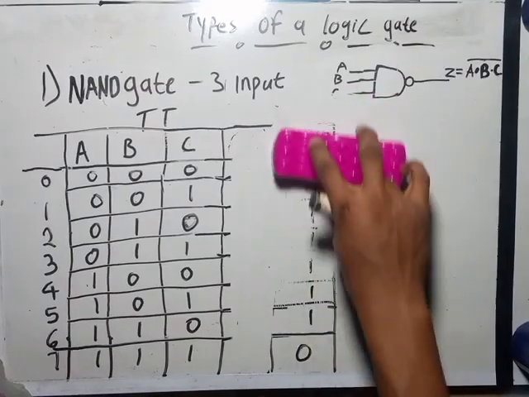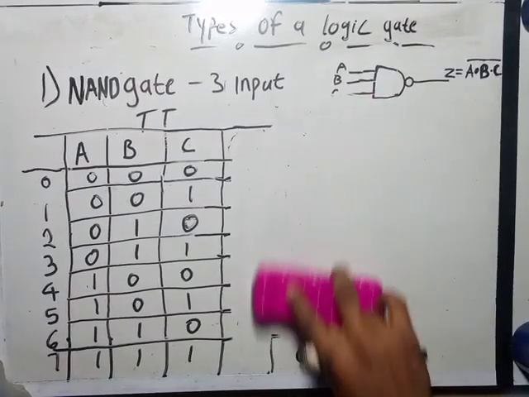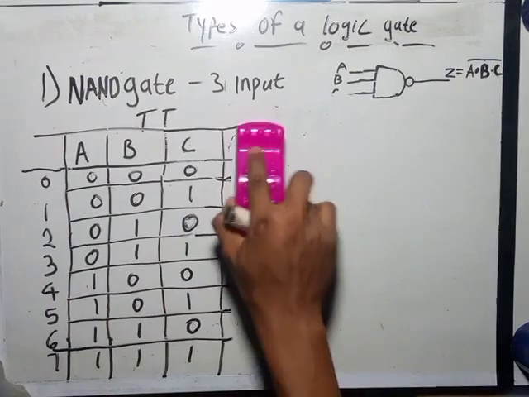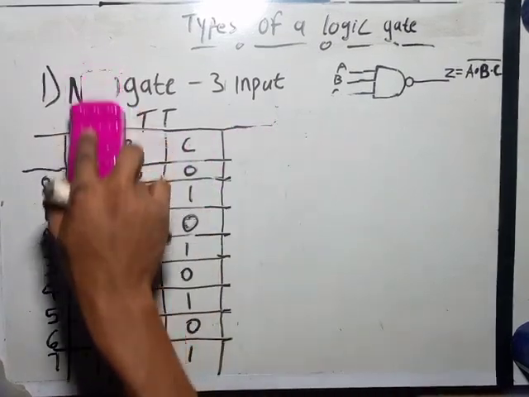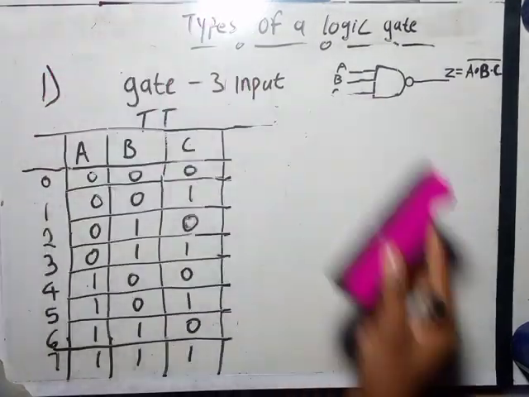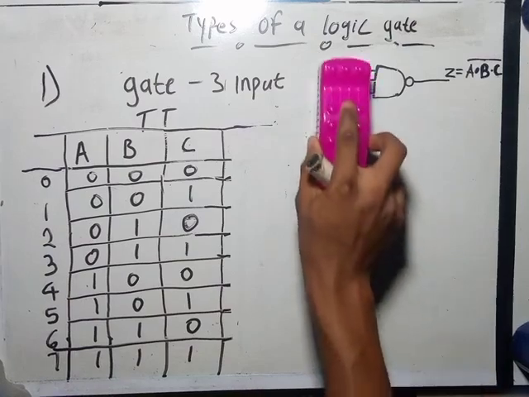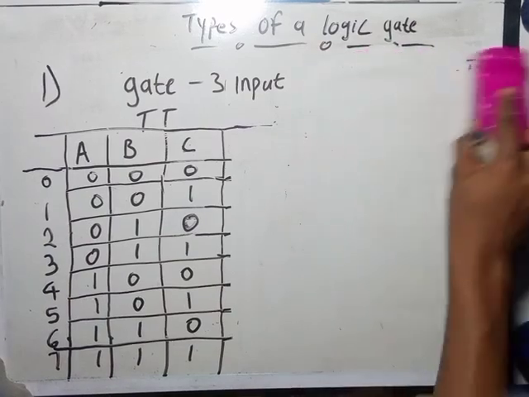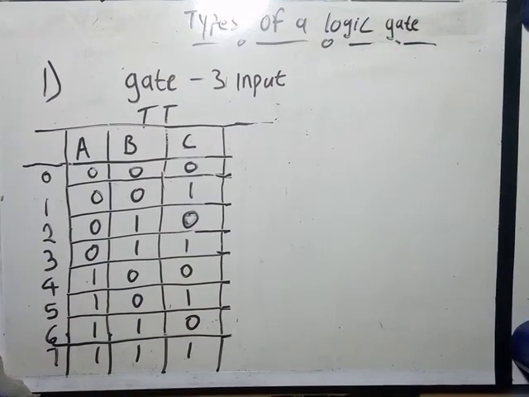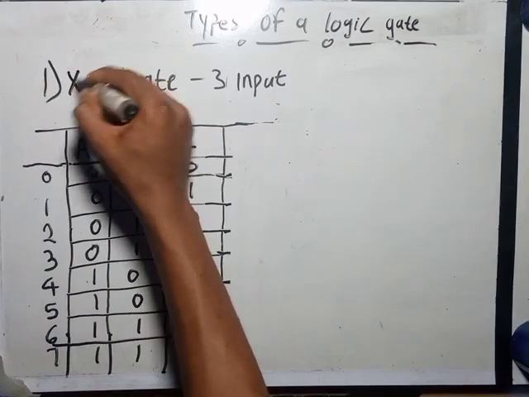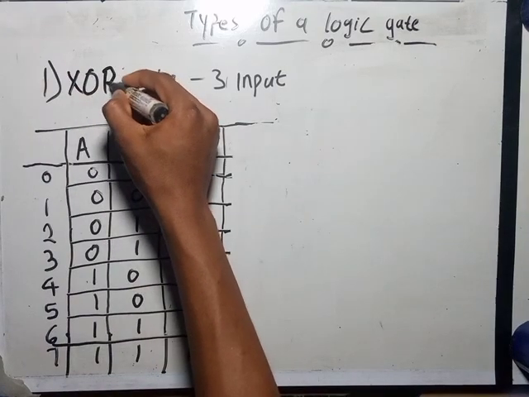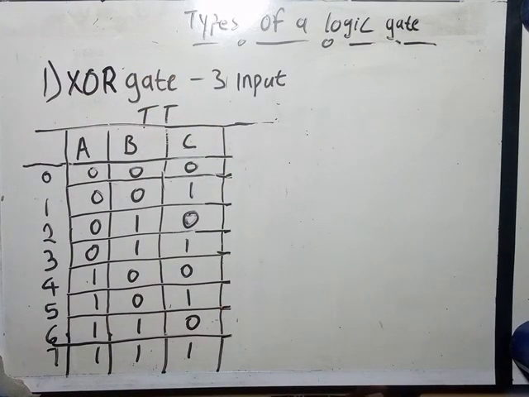Now let's move over to that of the XOR and XNOR, starting with the XOR first. Let's clean this. Okay. So starting with the XOR and XNOR. Not XNAND, XNOR.